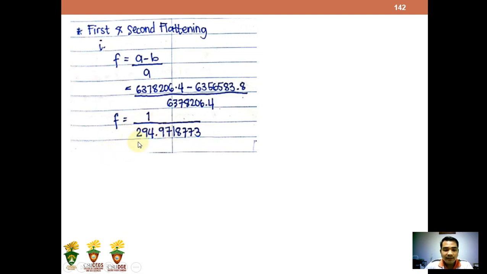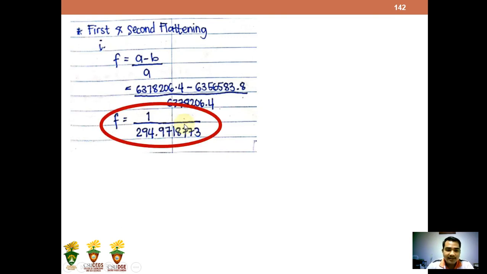To get the value of this, take the answer and use the inverse on the calculator, then 294.9718773 comes out. Put 1 on top. Or if you don't like this method, you can use the method taught in your G100 on how to get the precision. They are the same method.